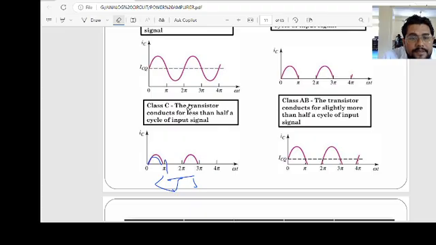And then we will discuss the class C amplifier, whose conduction cycle is less than pi.